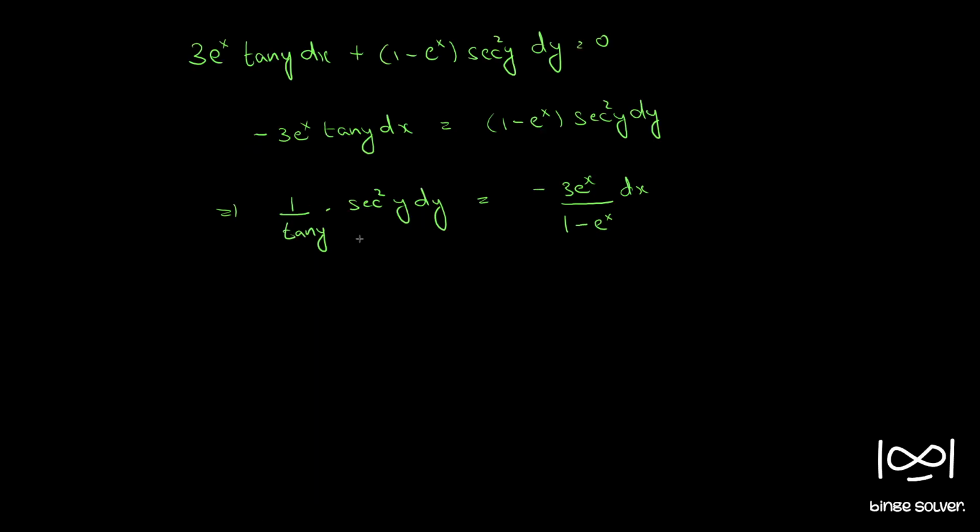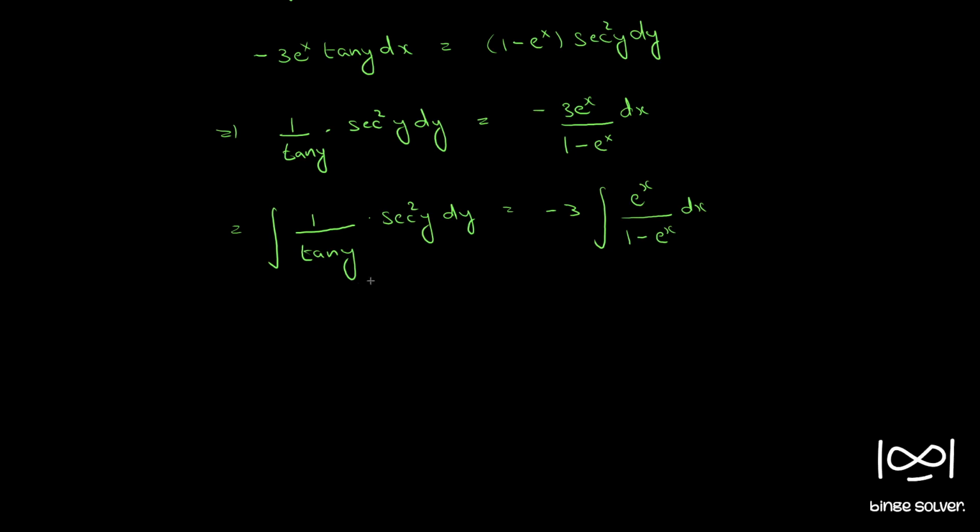So we can integrate now. Integral 1 by tan y sec square y dy equal to minus 3 into integral e raised to x by 1 minus e raised to x dx. We can use substitution here. We can put tan y equal to v.